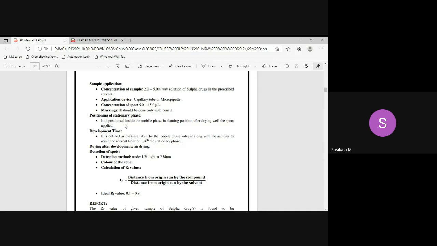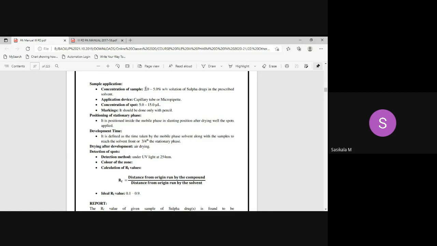Okay, next, positioning of the stationary phase. So this is how the sample is prepared. Concentration is 2 to 5% weight by volume solution of sulfur drugs. Sulfur drugs are powder in form, so it is given as weight, and volume is given since it is dissolved in some liquid solvent.